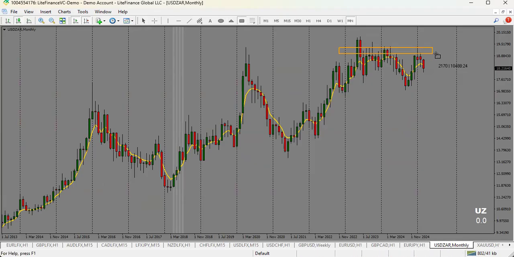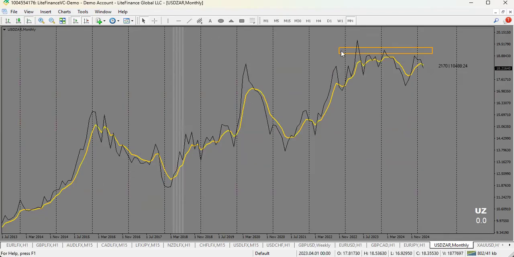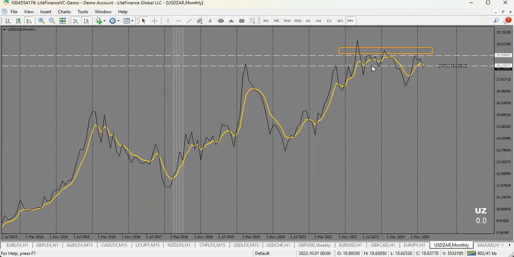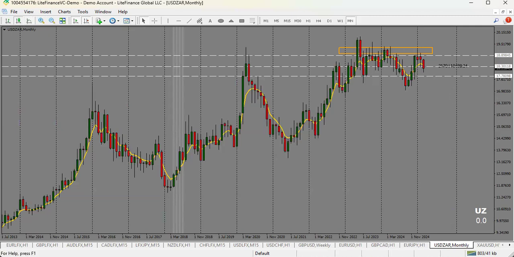And if you look at this, there is a very good resistance level. Where is the support? We have this area here as the support area. Okay, so our market structure is still bearish.